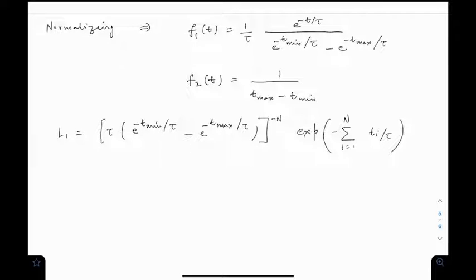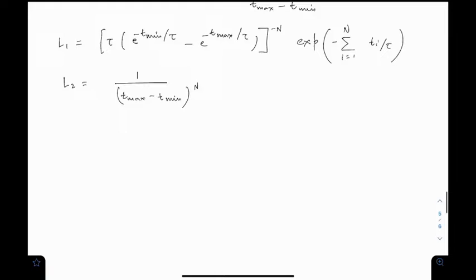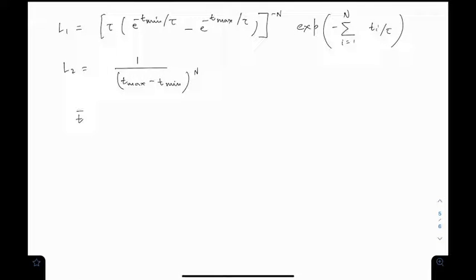Similarly L2, so L2 is simpler. Now defining or identifying t bar as the mean value of the times gives us the likelihood ratio.